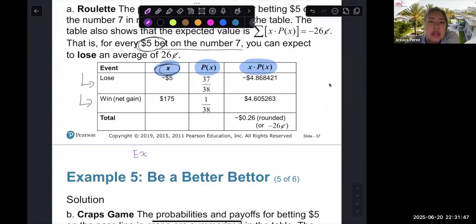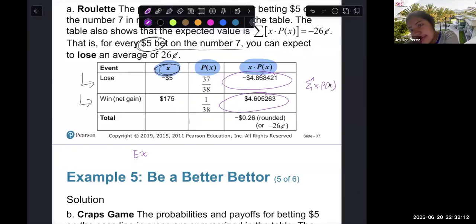When you win, it's $175, but the probability is 1 out of 38. You multiply those quantities. And remember, when you're finding the expected value, you need to sum x times p of x. So we're going to add -0.13 plus 4.6 ... that rounds off to -0.26.